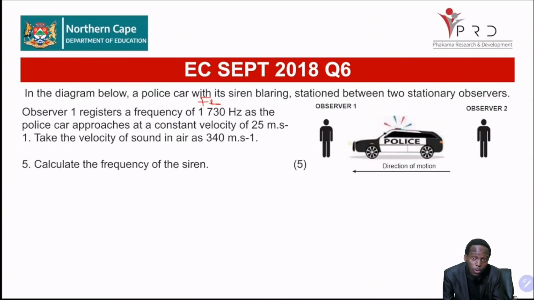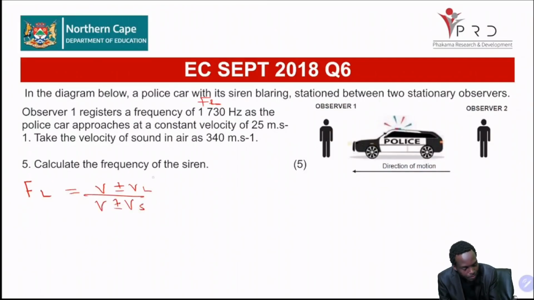So you're going to go to your data sheet and say, okay, what is the correct formula here? The correct formula here is FL equals (V plus minus VL) divided by (V plus minus VS) multiplied by FS, right? Then let's substitute.